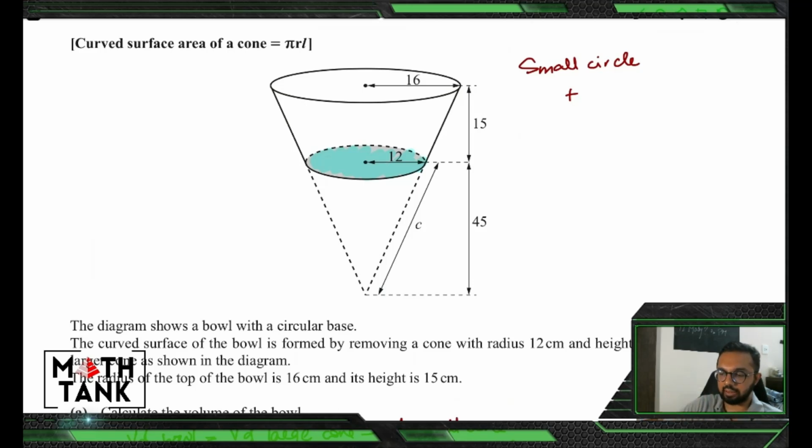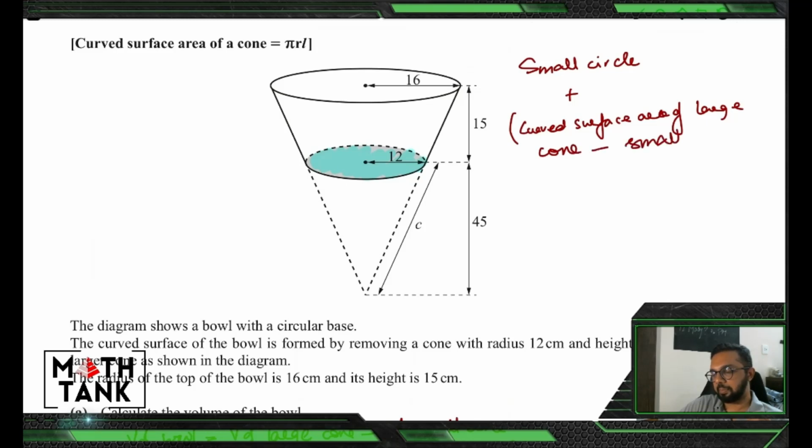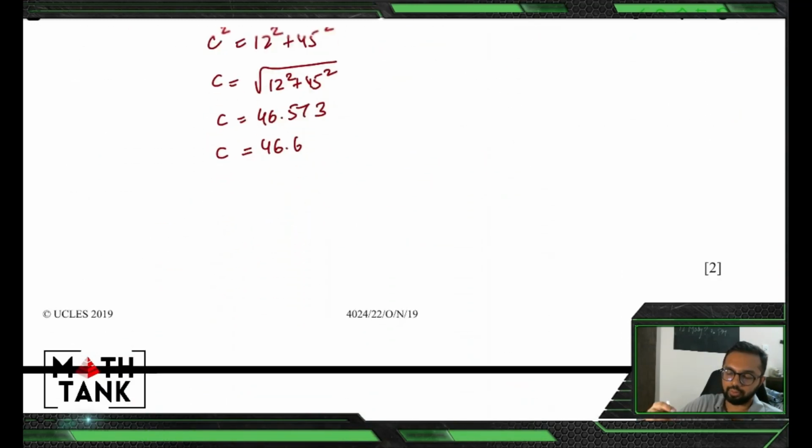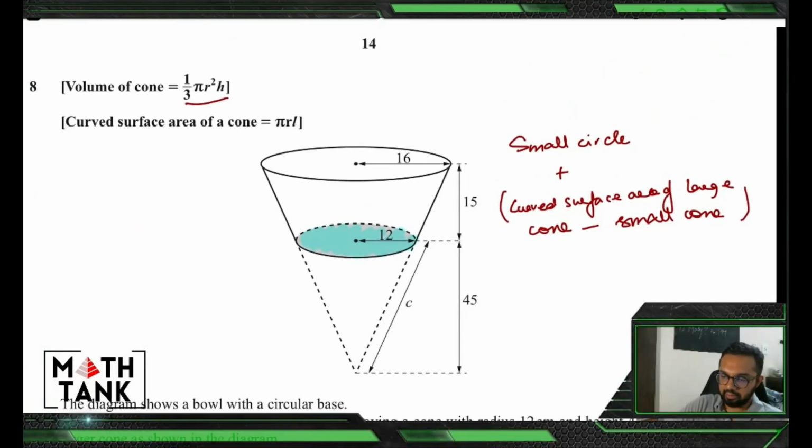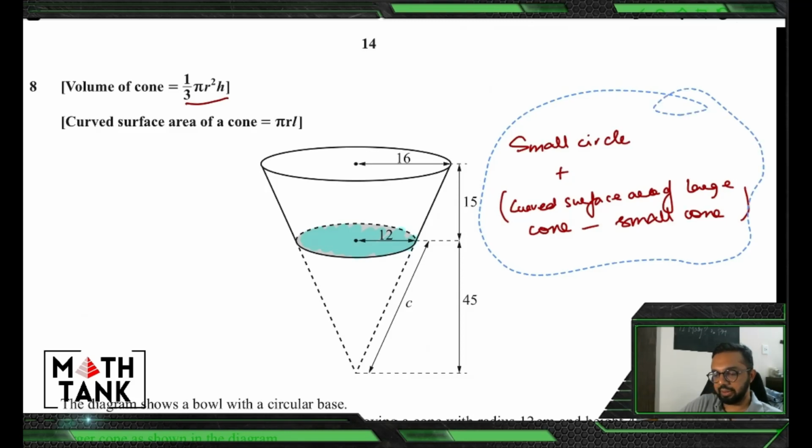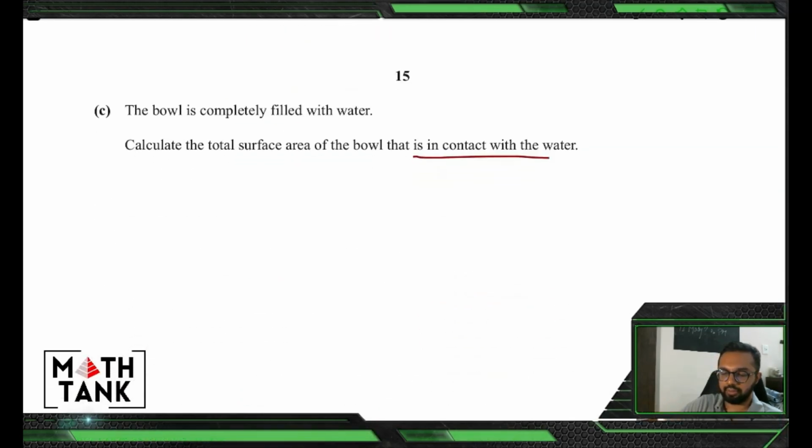So the curved surface area in contact with water is the curved surface area of the large cone minus the small cone. So that's what I have to subtract. So I'm going to copy this to the other page, and then try to calculate.